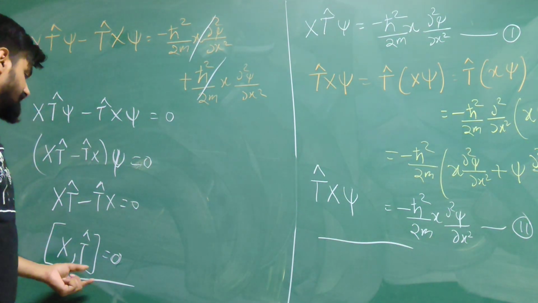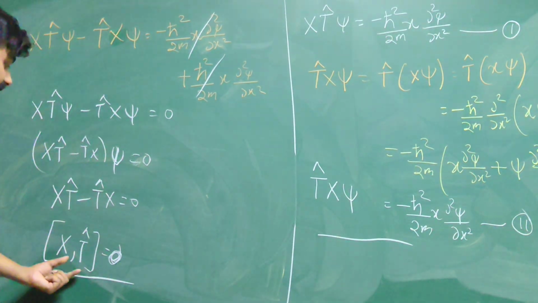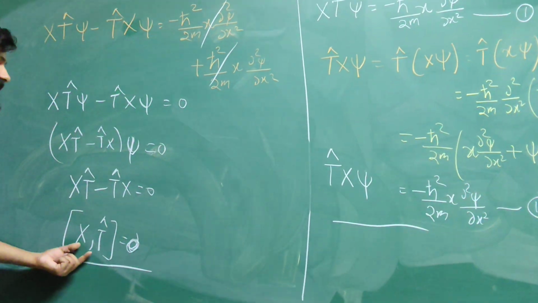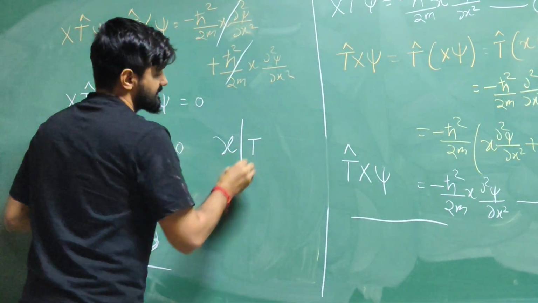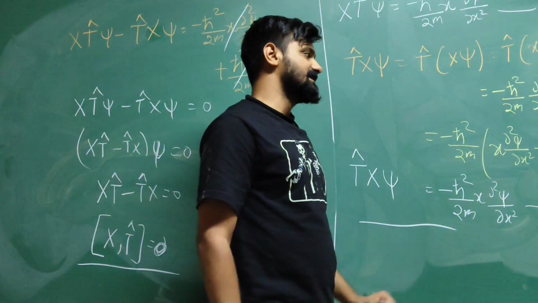And if it equals 0, then what will happen? If they commute with each other and have a common eigenfunction, then you can calculate the position of the particle as well as the kinetic energy at a particular location simultaneously. And this is the result.